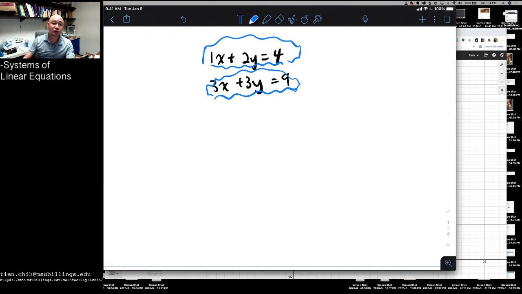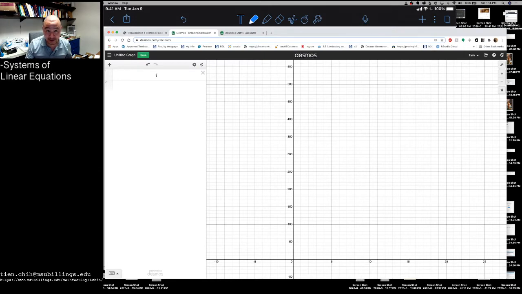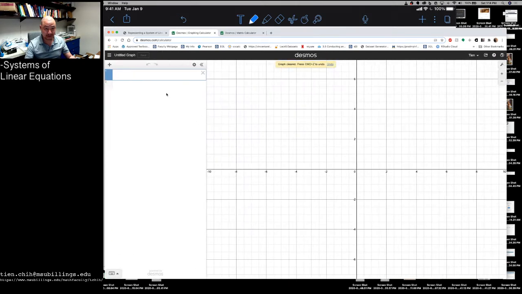So what point lies on both lines? Well, we could go ahead and ask ourselves that directly, right? We could plot one line. We can plot one of the lines.